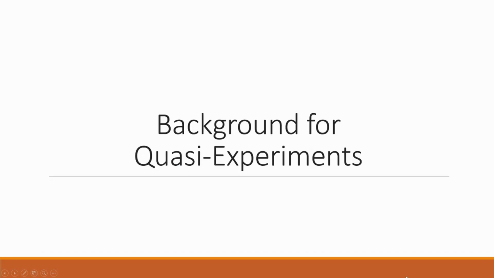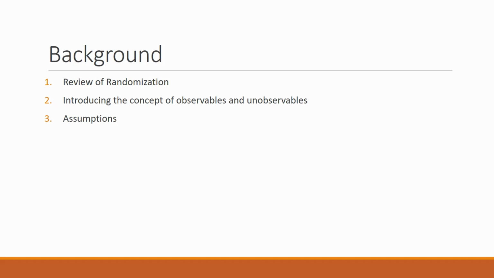Okay, so now because today is the first lecture that we're talking about quasi-experiments, I want to do a little bit of an overview. I just want to talk about a couple of things that will give us a little bit of a background as we go through these quasi-experiments. All right, just a handful of things. We're just going to review randomization one more time to make sure our intuition's clear. I'm going to talk about a concept called observables and unobservables.